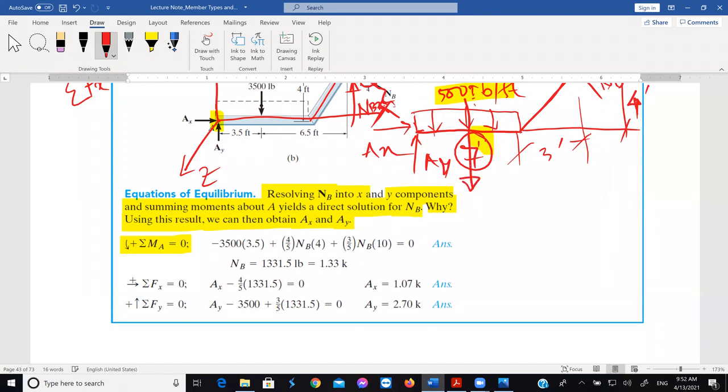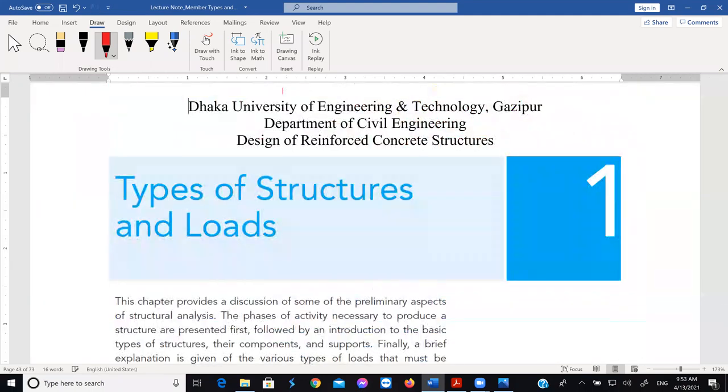So 500 times 7, 500 pound per feet acting over 7 feet, gives a total force of 3500 pound, and we know that acts at the centroid of this force. So the centroid of 7 feet will be 3.5 feet from the left support. So that's how they are showing here too.